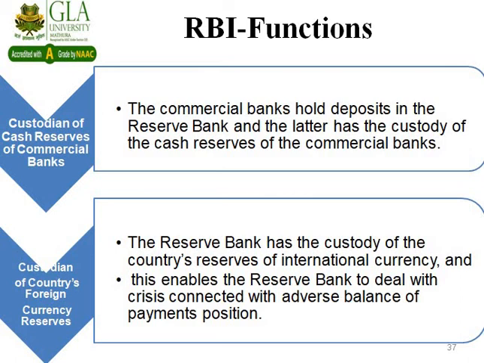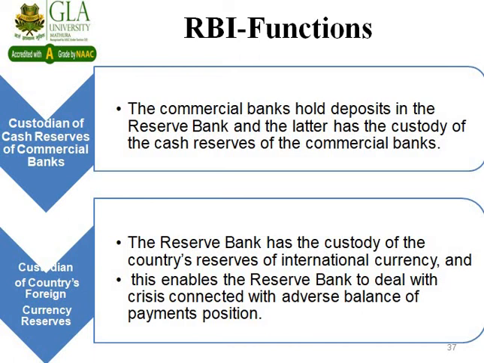As custodian of the cash reserves, the rates at which these reserves are maintained are known as CRR, cash reserve ratio, and SLR, statutory liquidity ratio. So the commercial banks hold deposits in the Reserve Bank, and RBI has custody of the cash reserves of all the commercial banks as per the required rates, that is CRR and SLR.